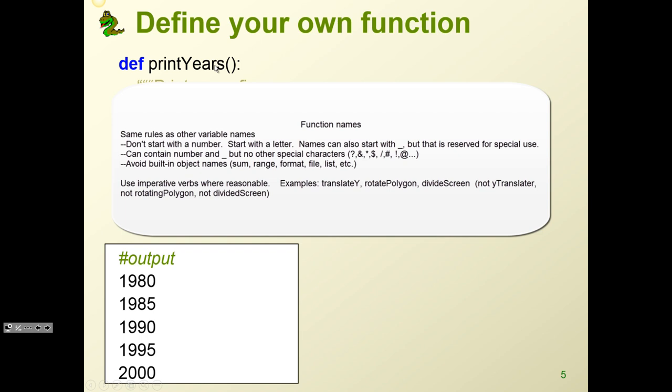Avoid built-in object names like sum, range, format, file, list, and so forth. And when possible, when you name your function, use imperative verbs. For example, translate Y, rotate polygon, divide screen, not Y translator, not rotating polygon, not divided screen.